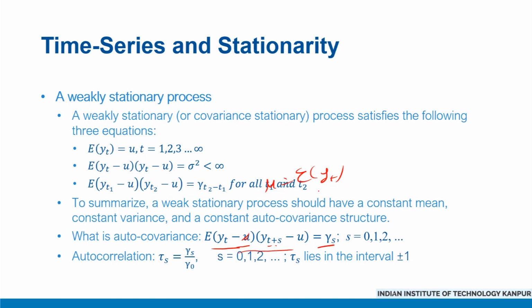Because of scale issues, this autocovariance is slightly difficult to understand, and therefore we compute autocorrelation by dividing this autocovariance by the variance term. Variance is the autocovariance of yt with its own self, neither lead nor lag. So this tau s is the autocorrelation. Obviously when the lag is equal to 0, autocorrelation will be 1, because we are computing the correlation of yt with itself, and for all the other lags it will lie between +1 and -1. So this is called autocorrelation, a more refined measure than autocovariance.